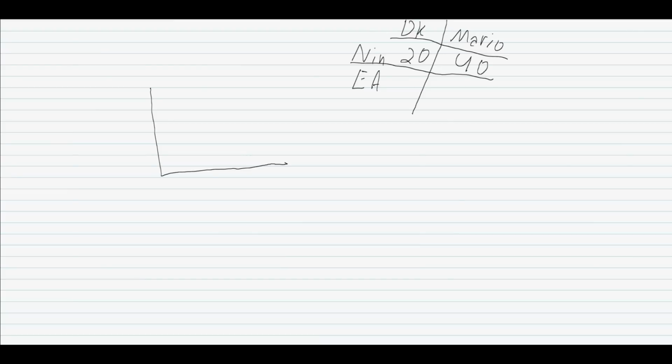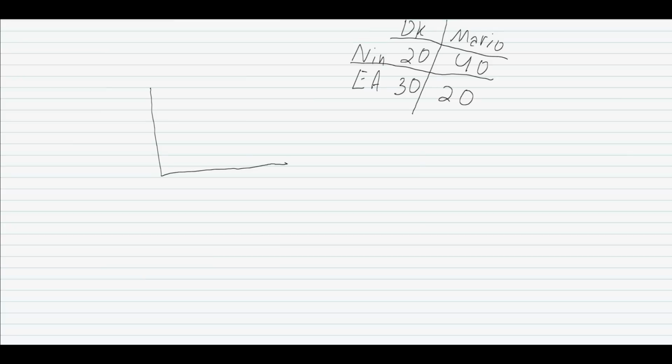Okay, so comparative advantage is usually going to come in the form of a graph similar to the absolute advantage graph. Actually, absolutely identical to the absolute advantage graph. So let's have Nintendo and EA again. Let's have Donkey Kong, Mario. Nintendo makes 20 Donkey Kong games and 40 Mario games, and EA makes 30 Donkey Kong games and 20 Mario games.